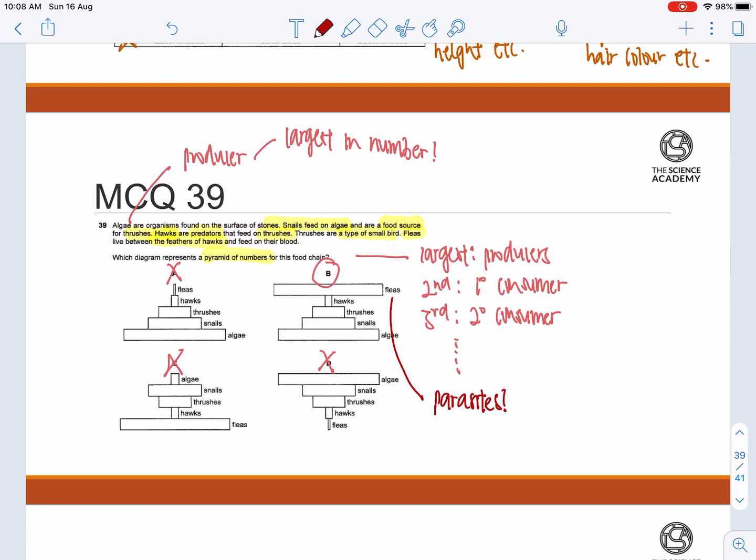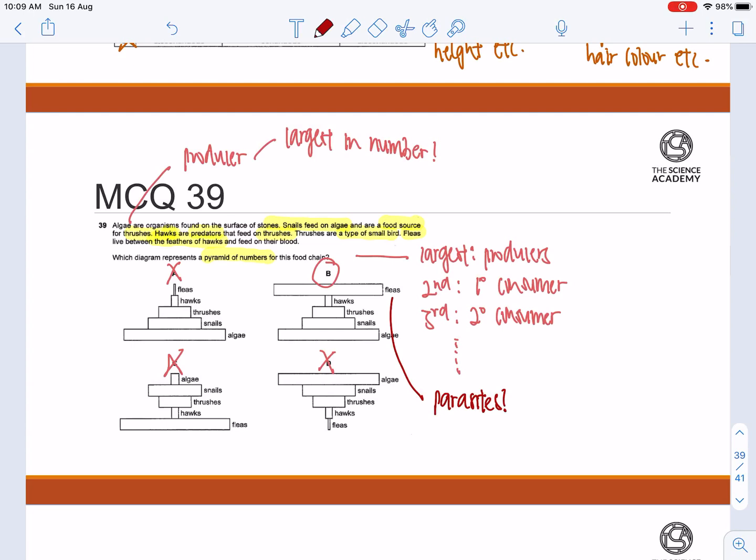As a result, the number of parasites outweighs all the primary consumers, secondary consumers, and even the producers themselves. So when you see parasites, you need to know that there will be many parasites living in the body of the producer or the consumer or the secondary consumer.